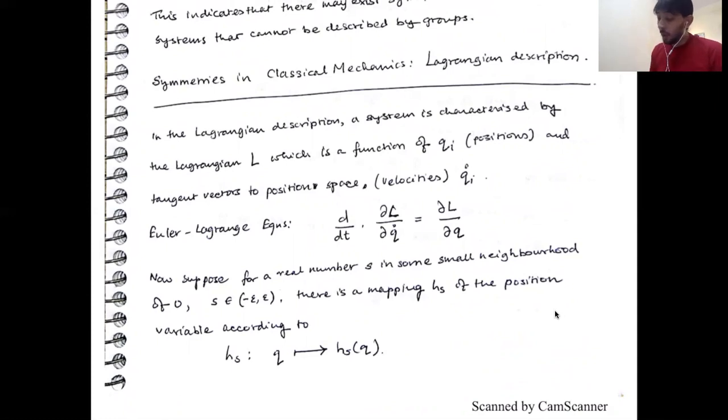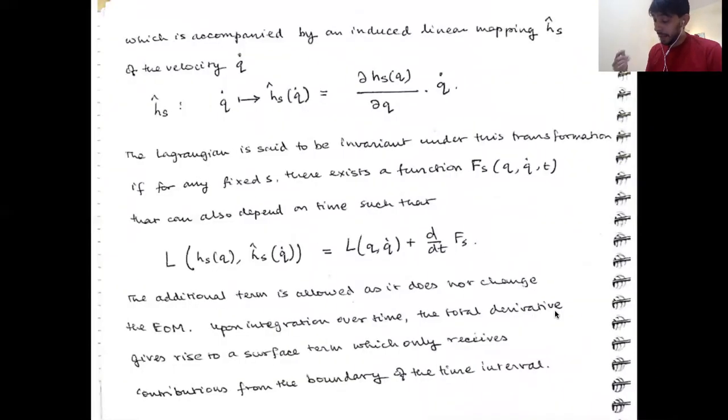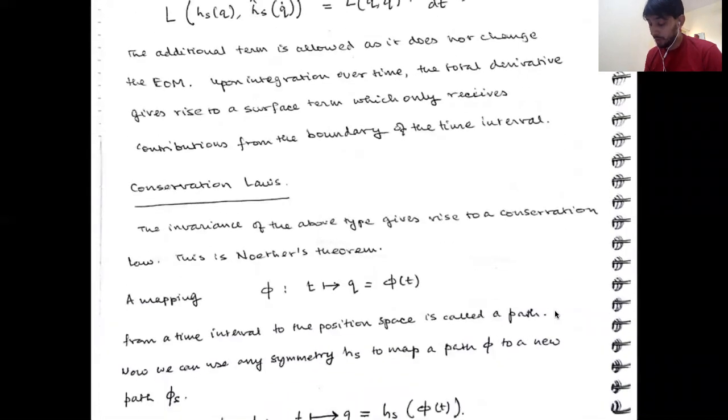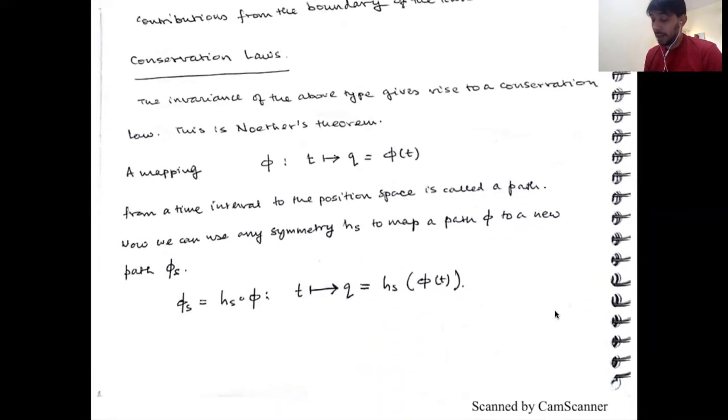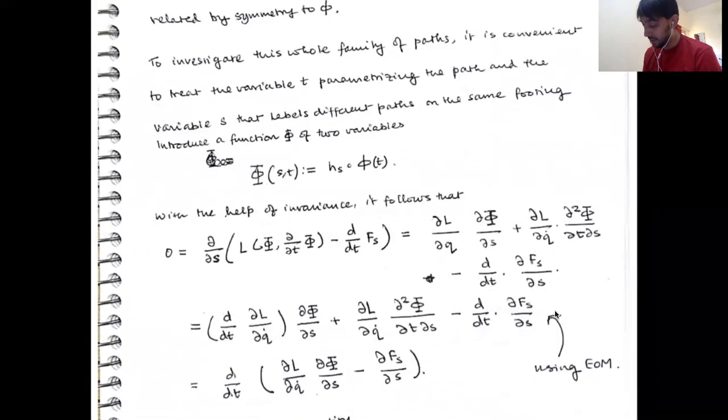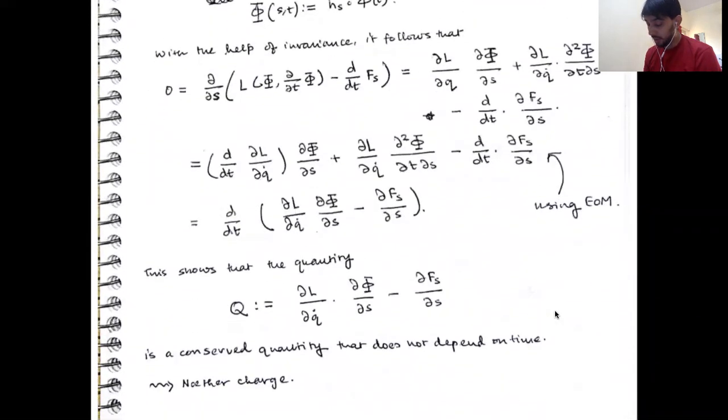Again, this is reiterating what we did last time around, and I showed you a more formal way of trying to understand Noether's theorem, where symmetries give rise to conservation laws and conserved charges.